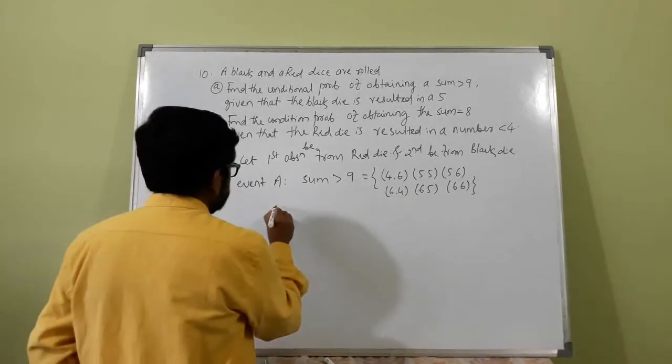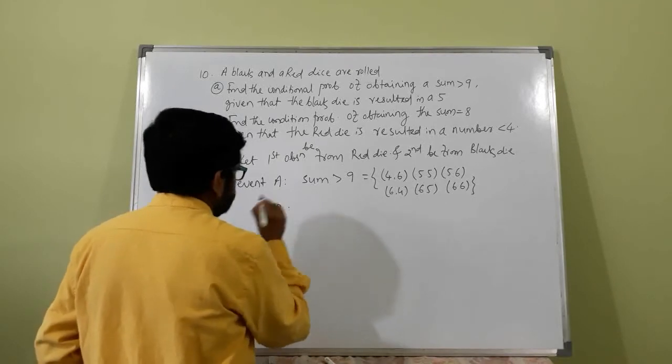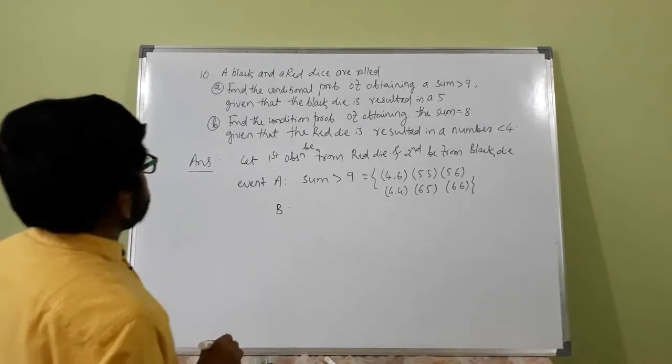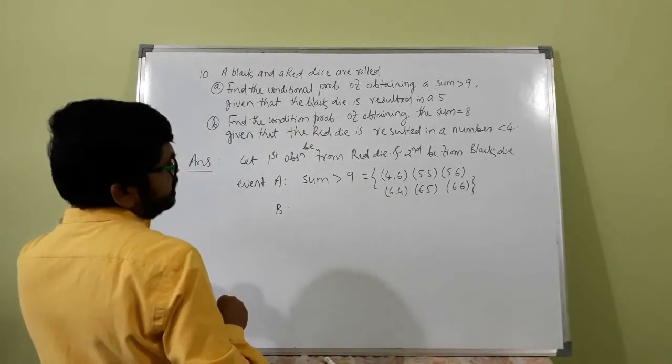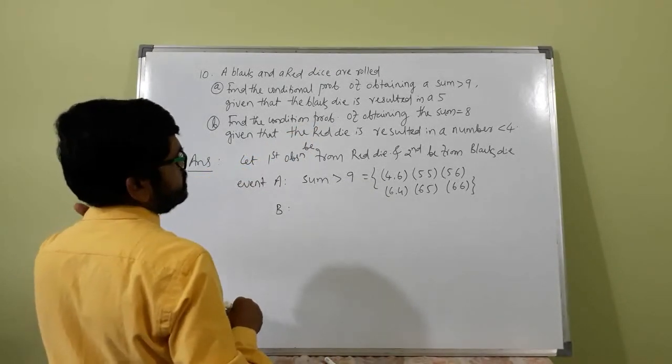Let event B be that the black die resulted in 5.